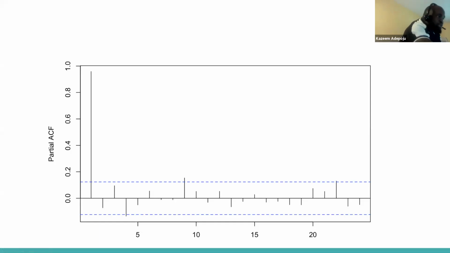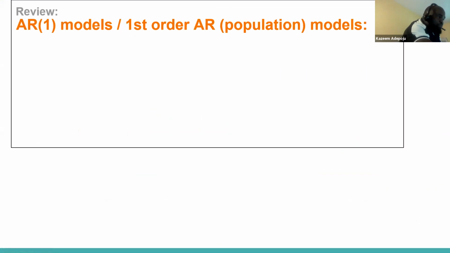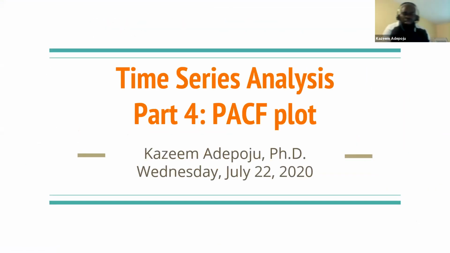Before I go today, I want to summarize what we have been able to do. Today, I introduced you to what I call a PACF plot, and we need a PACF plot when we are trying to figure out the appropriate model for time series data.